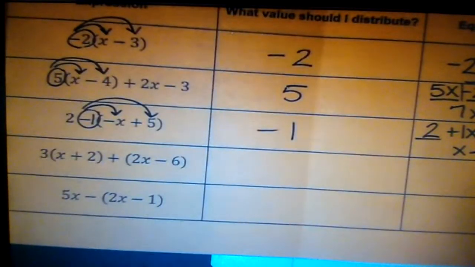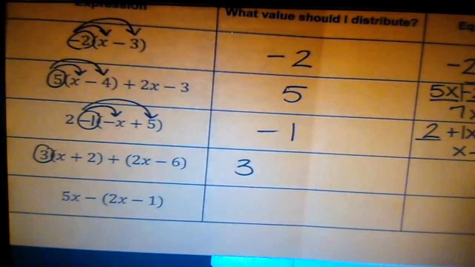All right. 2 more. Uh-oh. Now I got 2 sets of parentheses. Justo, what gets distributed in this one? 3. But I have 2 sets of parentheses. So what else gets distributed, Jorge?